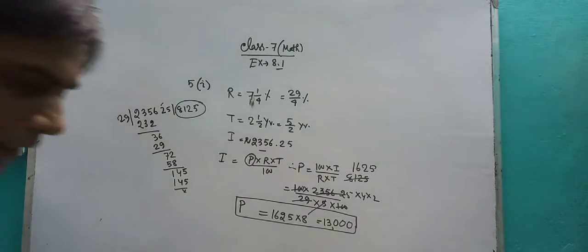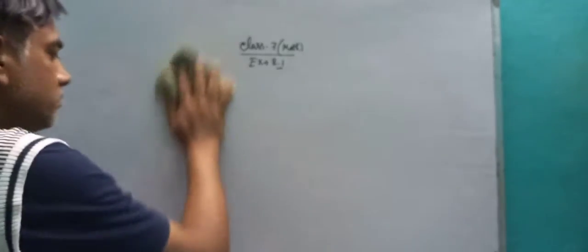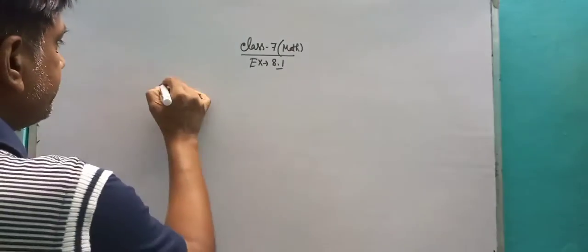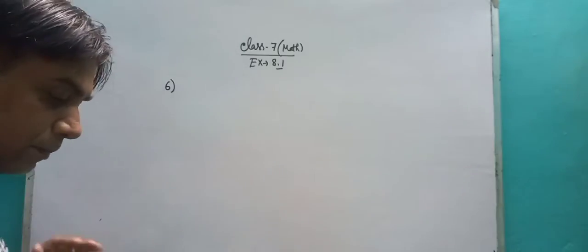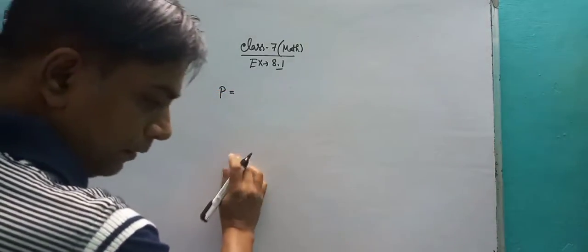Okay, last, another important math. That is question number 7, 6. How long will it take for a certain sum of money to triple itself? Suppose the sum of money, that is the principal, triples itself.